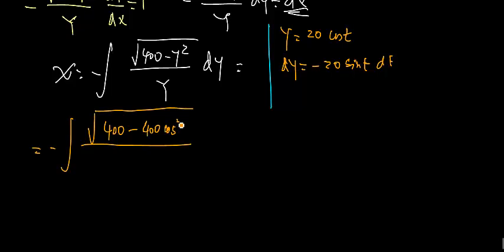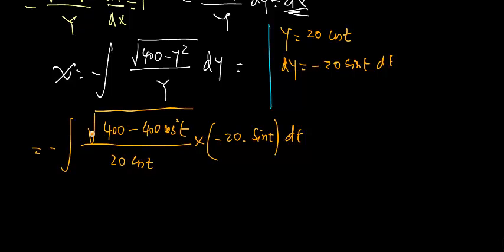Cosine squared of t over y, which is 20 cosine of t, and dy is minus 20 times sine of t dt. I'm going to put here a parenthesis, of course, because this is a multiplication.